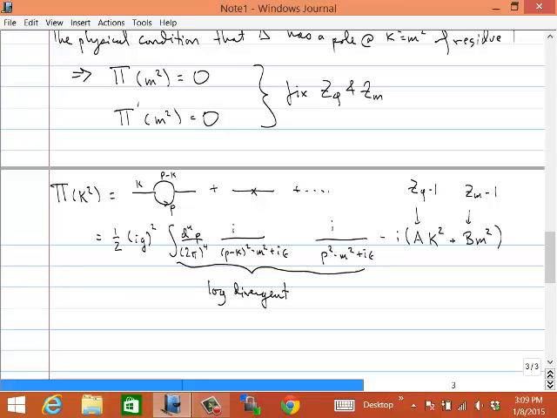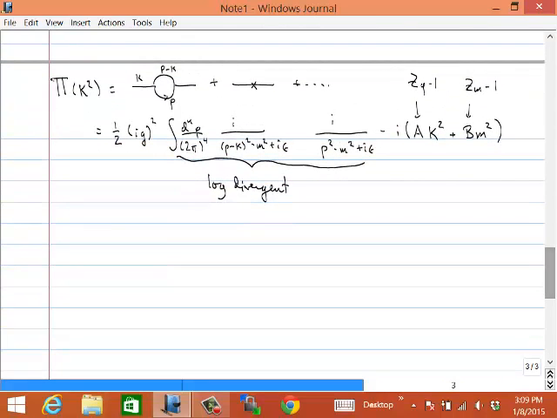And so one of the things that we're going to encounter is the fact that these A and B terms will need to be divergent as well in order to take care of that logarithmic divergence.